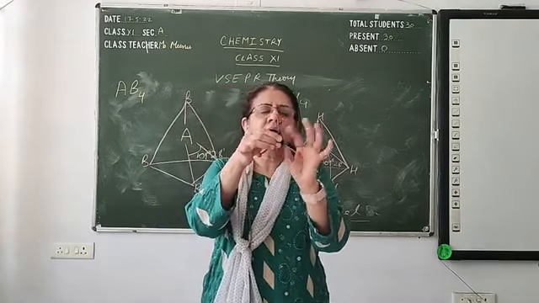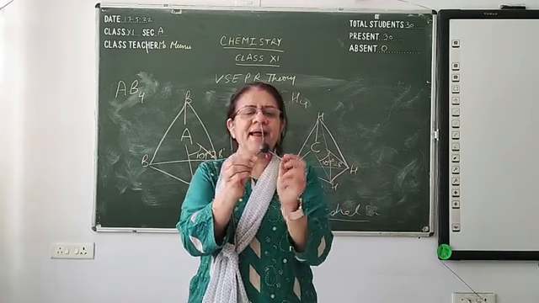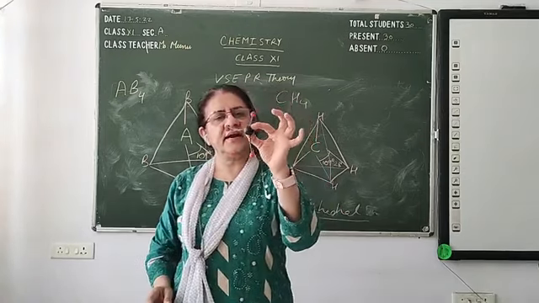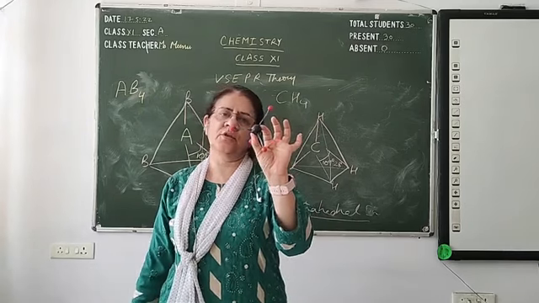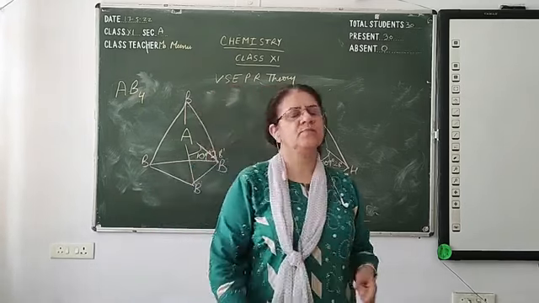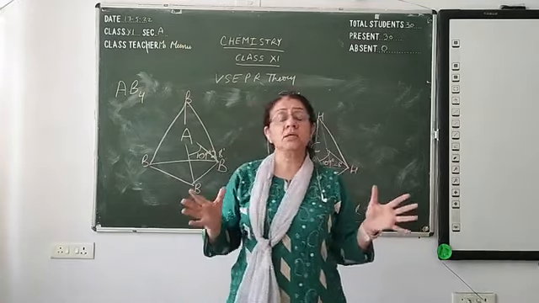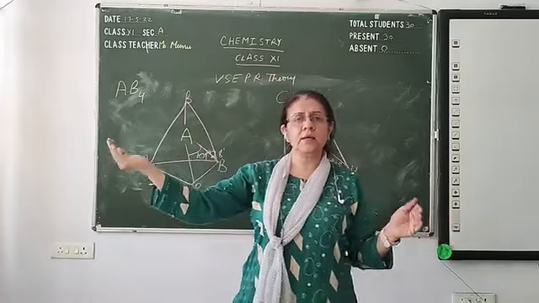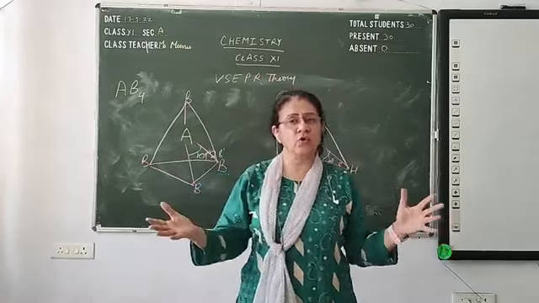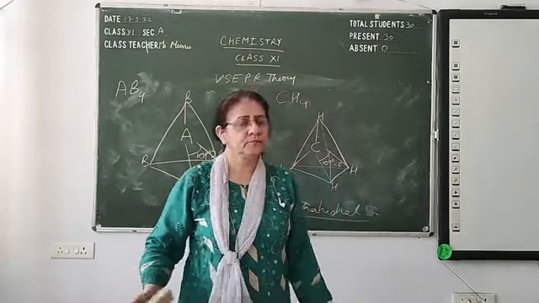This is a tetrahedral shape. You can see it's a three-dimensional shape, and this is the tetrahedral shape of methane molecule. So students, we have studied three shapes of molecules till now: AB2 linear, AB3 trigonal planar, and AB4 tetrahedron.